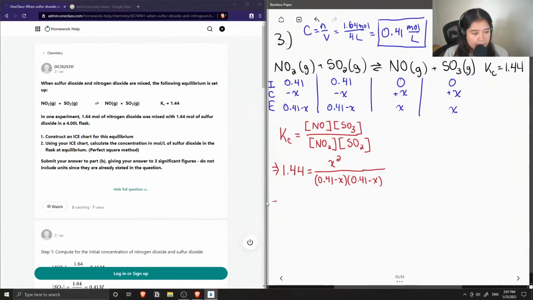Okay, so now we just need to simplify this expression and solve for our unknown.